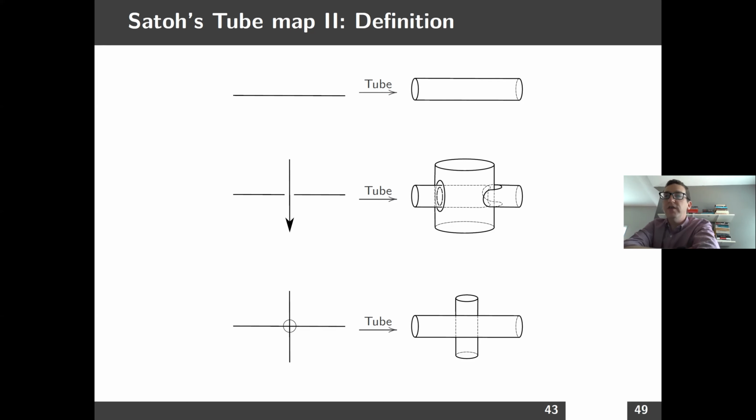At a virtual crossing, one of the tubes just overcrosses the other tube. It doesn't matter which way you do it. You can have the other tube going over the horizontal tube as well. That's totally fine. Those are equivalent up to isotopy.